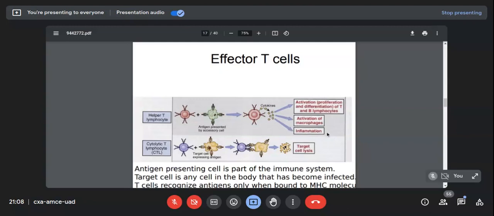I already explained what inflammation is, isn't it? So cytokines produced by alpha T cells can activate T cells, activate macrophages, or bring about inflammation. This all happens with the activation of a particular type of T cells, which we call the alpha T cells.